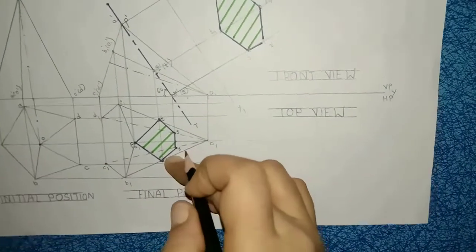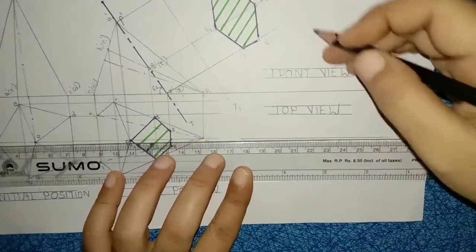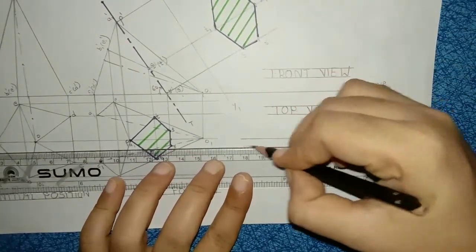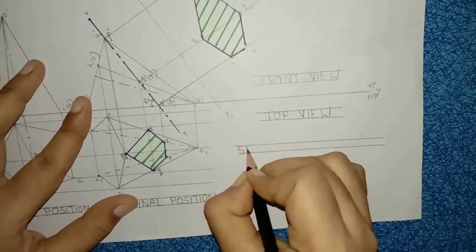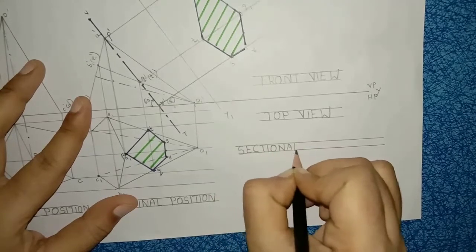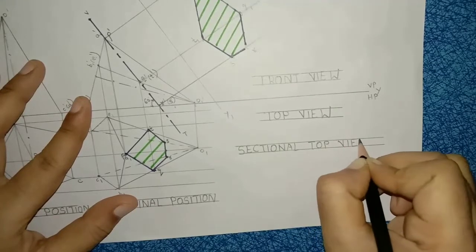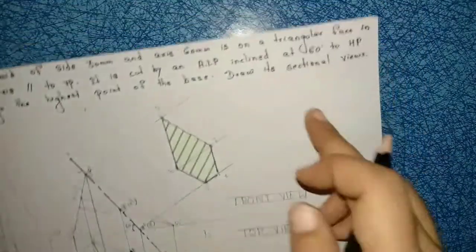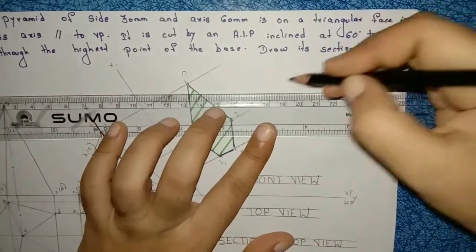And this is your sectional top view. Take height 5 mm and write down here this is your sectional top view. And this is your true shape. Take height 5 mm and write down this is your true shape.